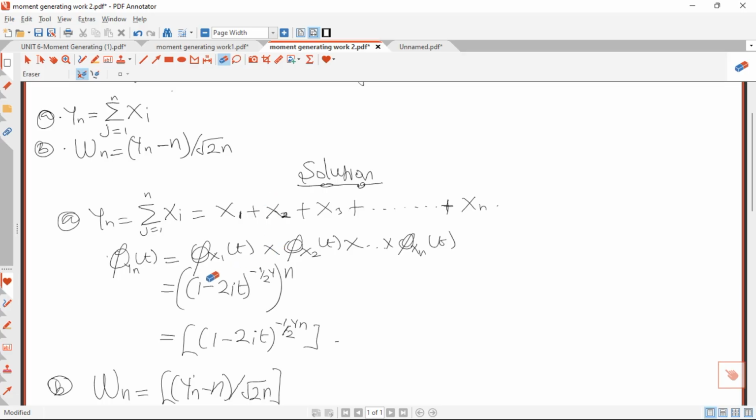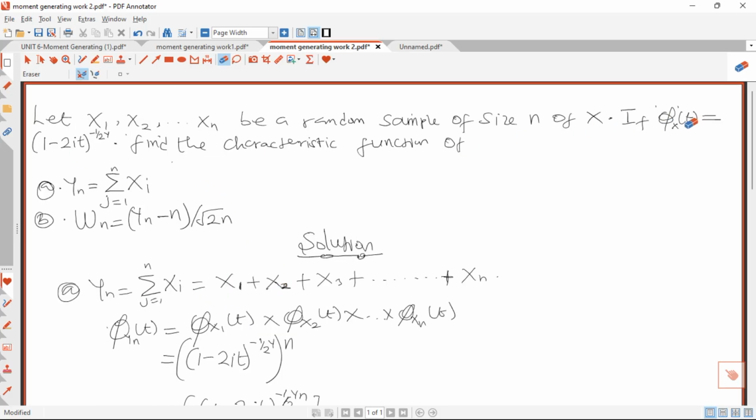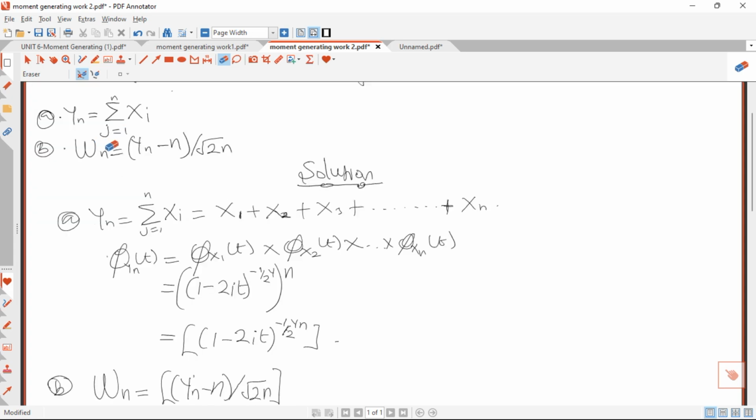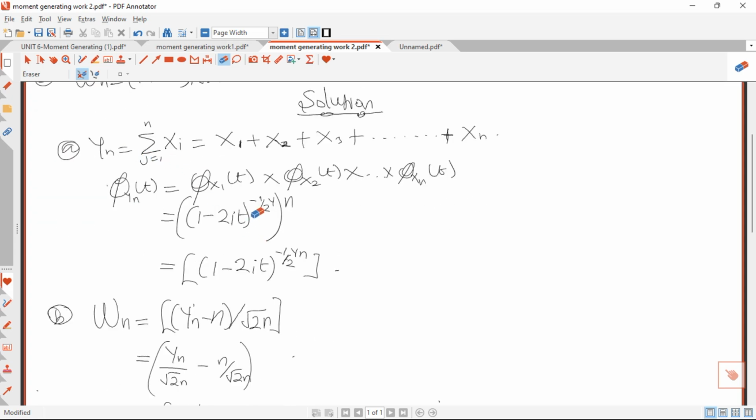So if you multiply everything, since you are summing up to n, that will be the characteristic function of the random variable X as we had in the question, in the form of this. Since we are just multiplying it n times, we are going to get the characteristic function raised to the power n. And then you see we are having negative 1 over 2 v as an exponent. So this exponent will be multiplied by this exponent, and we are going to get our final answer to be this one.